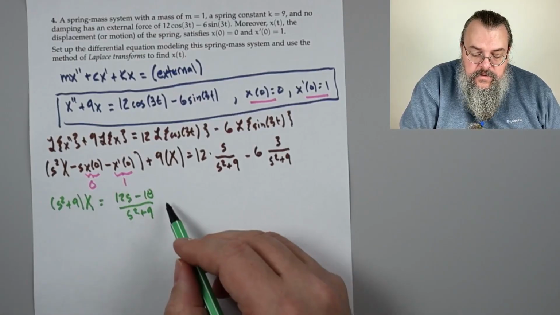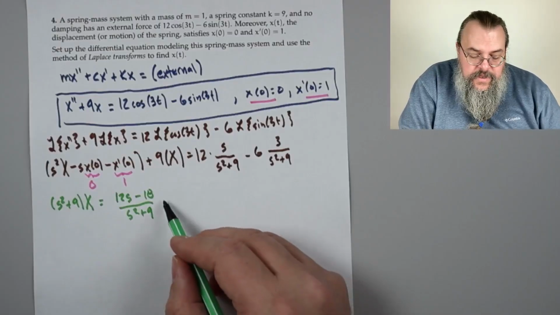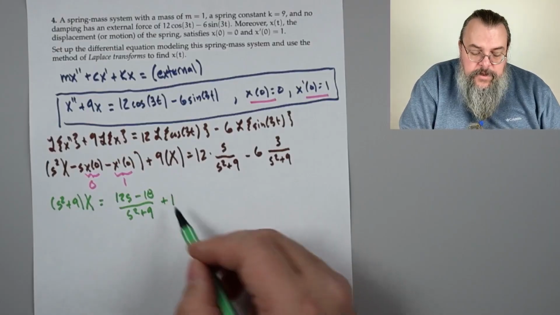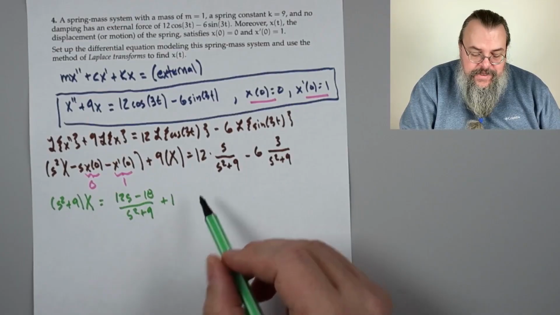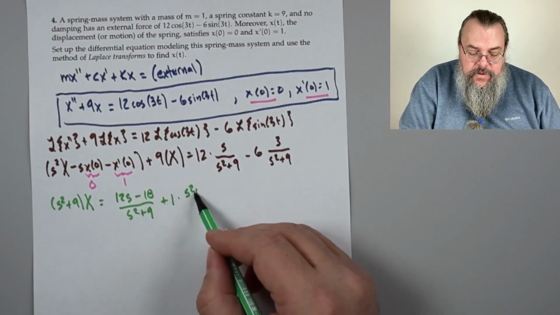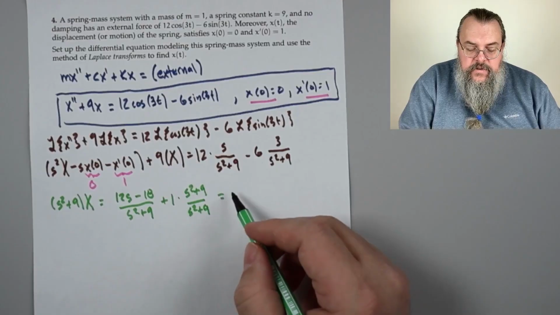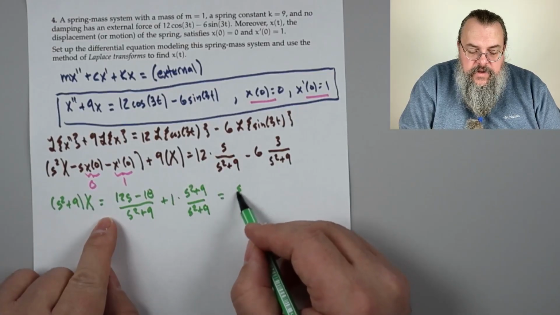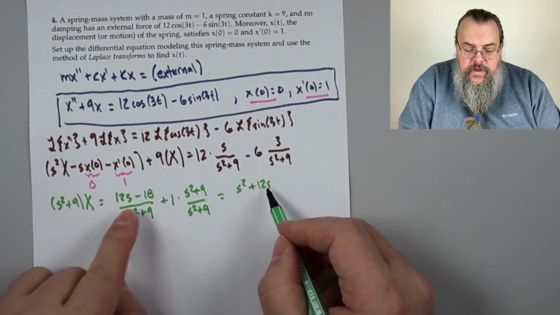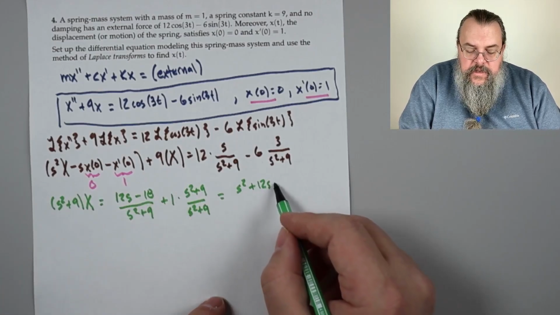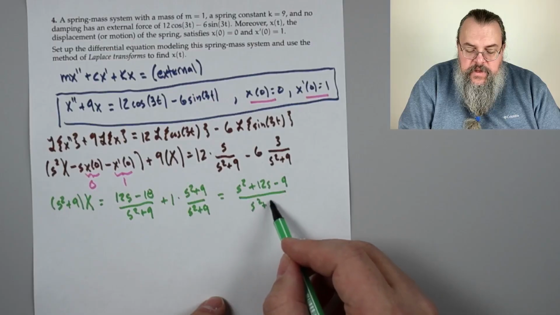And then, don't forget, the minus 1 comes over as a plus 1. So plus 1. Well, let's continue combining. So s squared plus 9 over s squared plus 9. This would make it a grand total of s squared plus 12s minus 18 plus 9 minus 9 over s squared plus 9.